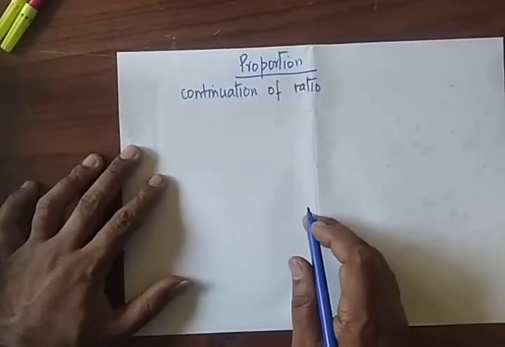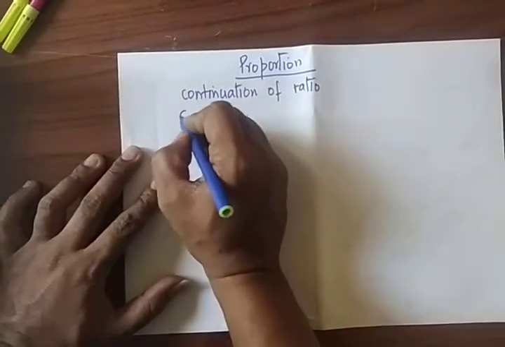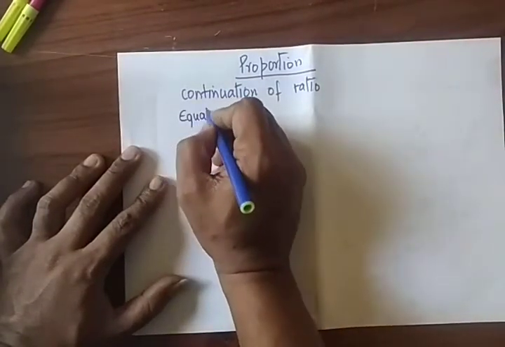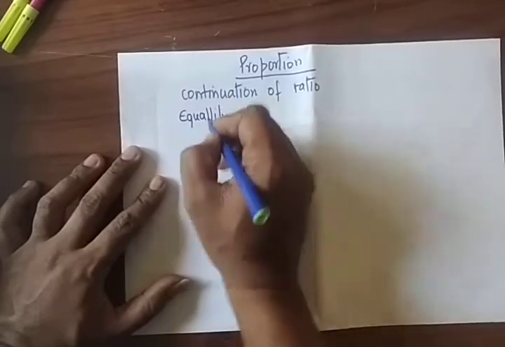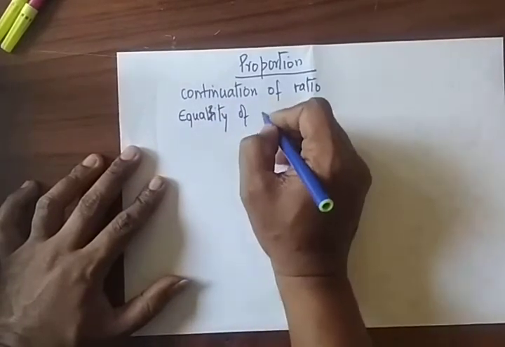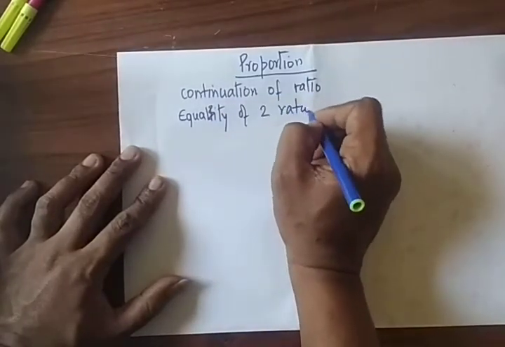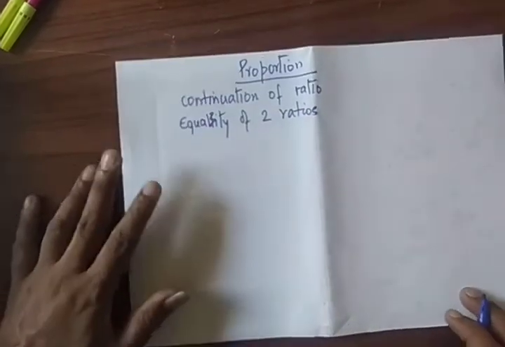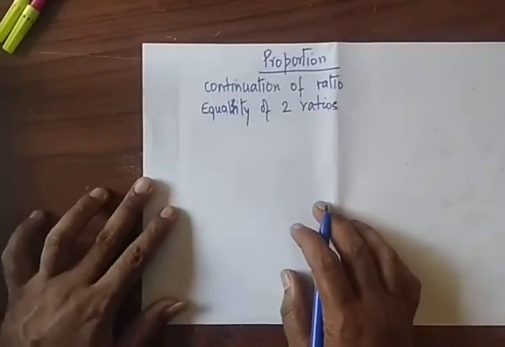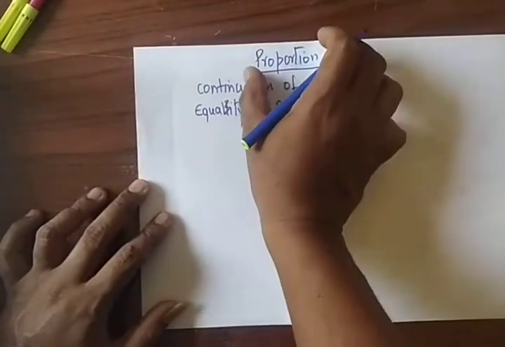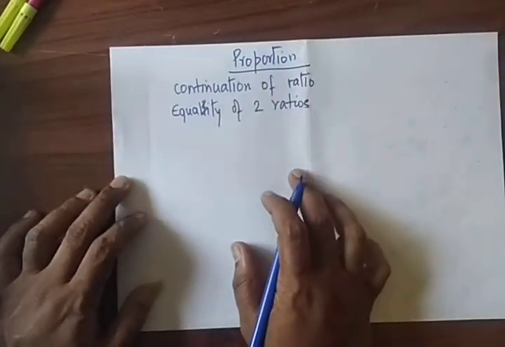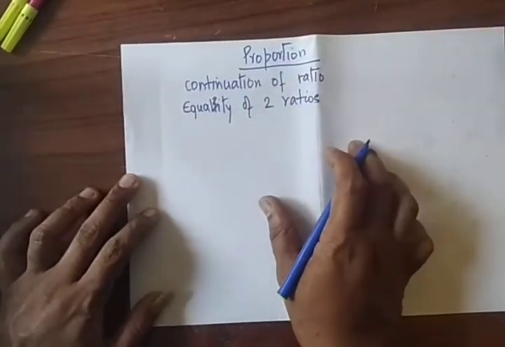It is nothing but the equality of two ratios. Okay, when there is equality of two ratios, then the term proportion comes into the picture. Now what is this equality of two ratios?